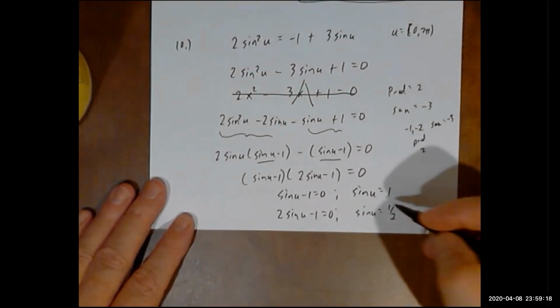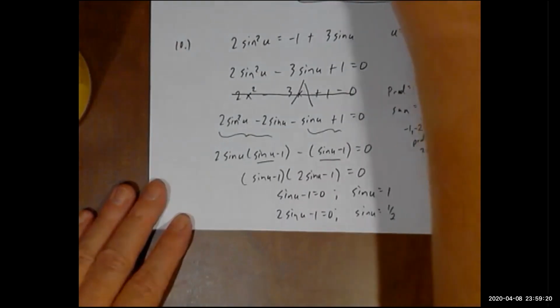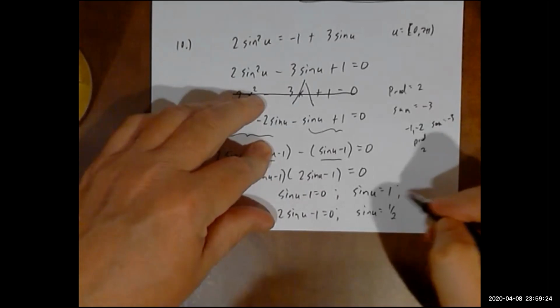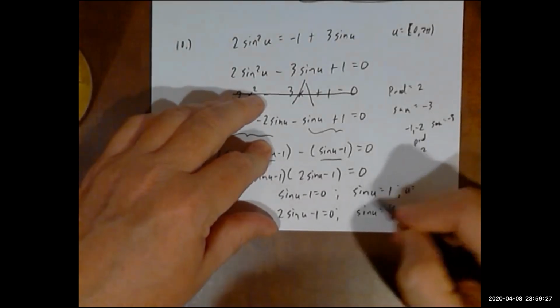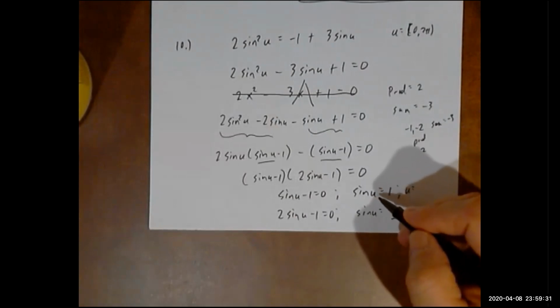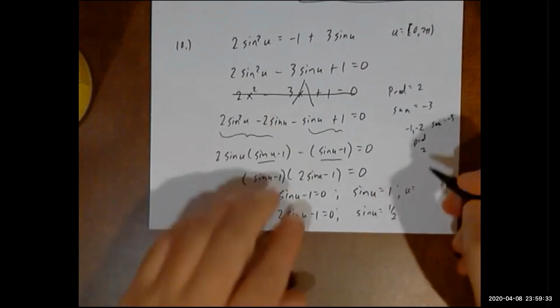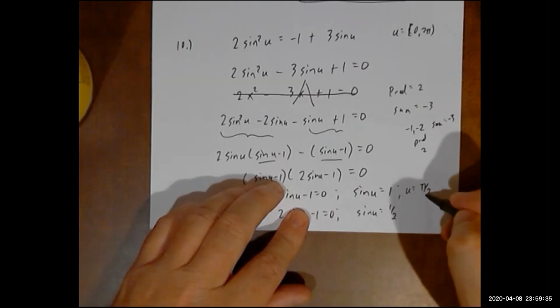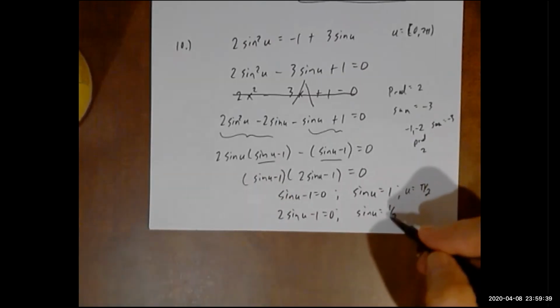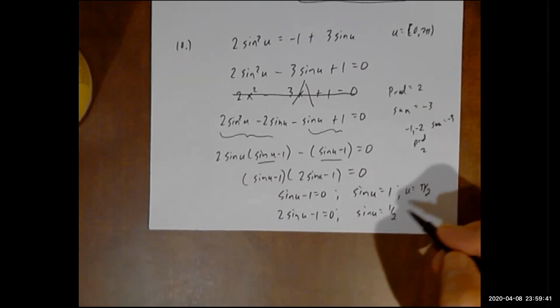So all that is to get to this point. Now these are going to give me my solutions. So actually, I think I have room here because I know these. So if I think about angles between 0 and 2 pi, what are the angles where the sine is 1? There's actually only one angle, right? Pi over 2. One trip around the unit circle.